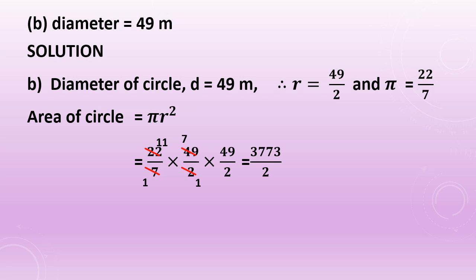While cancelling 7 and 49, the numerator becomes 7 and the denominator becomes 1. So, 11 into 7 into 49 divided by 2, which is equal to 3773 upon 2. While dividing, we get 1886.5 meters square.